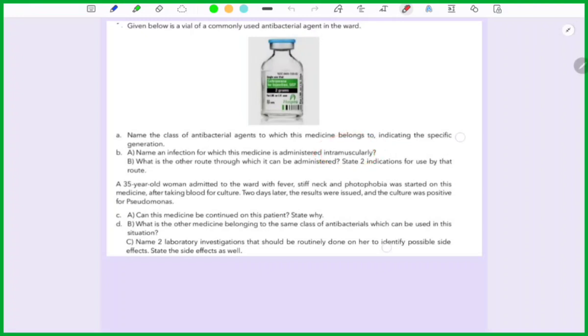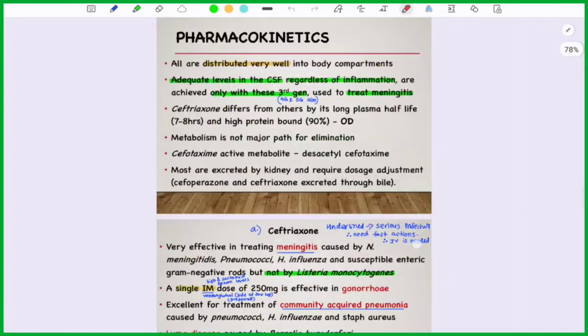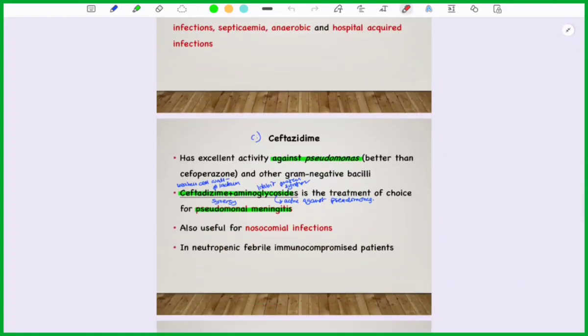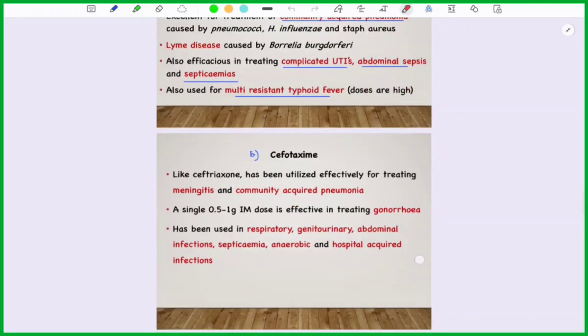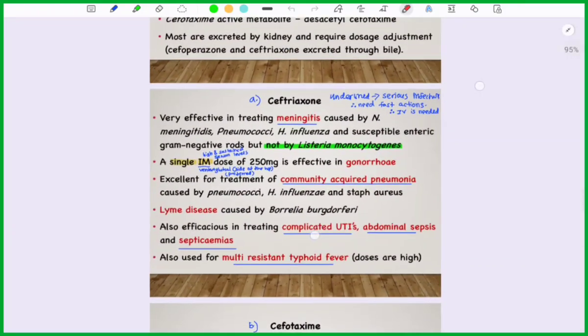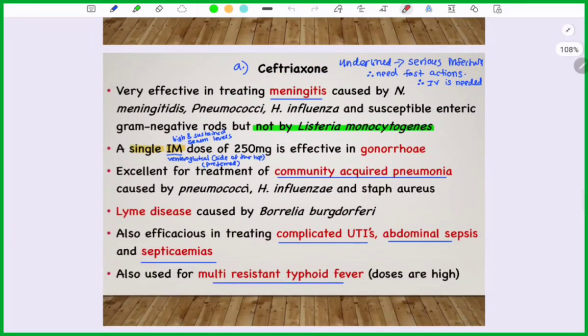If you remember the lecture, there was a separate slide for Ceftriaxone indications. Here you can clearly see they have mentioned for gonorrhea they use IM injection, whereas in other infections like meningitis, community-acquired pneumonia, complicated UTI, and typhoid fever, in those cases we use IV form.